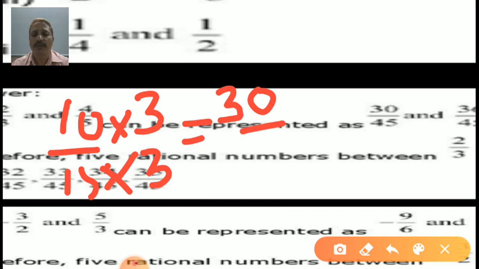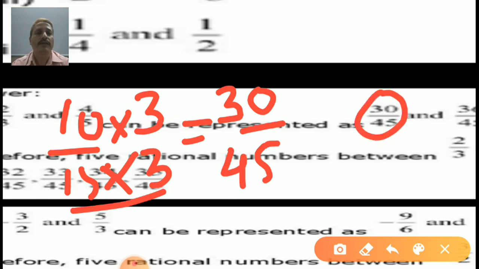Yes, multiply numerator by 3, multiply denominator by 3. 10 3s are 30 and 15 3s are 45. By mistake I did 15 into 3, that's 45. That's easier.